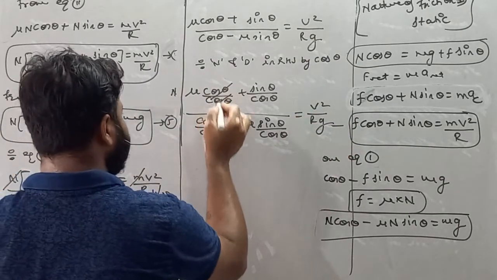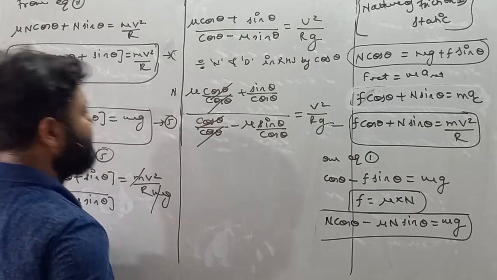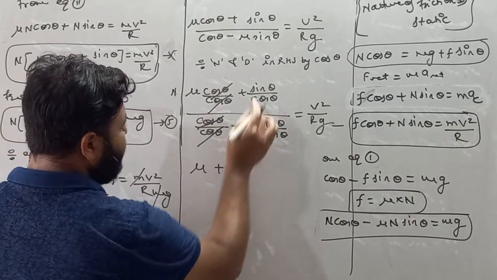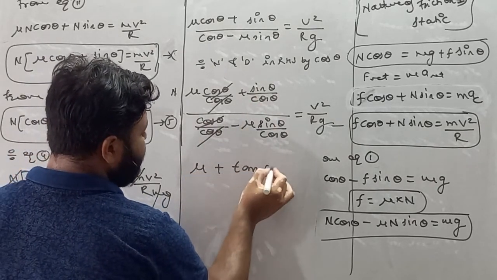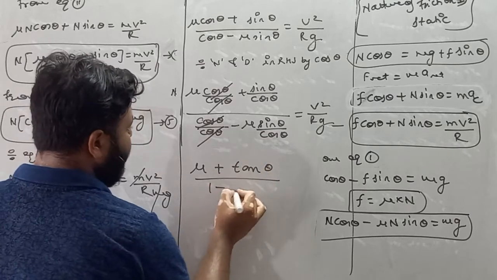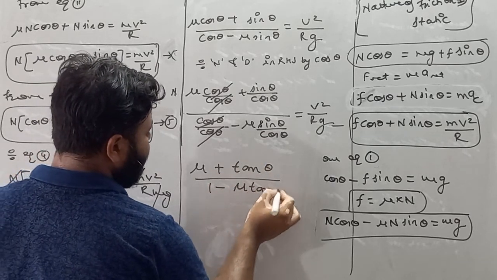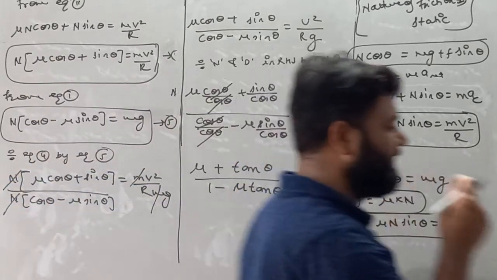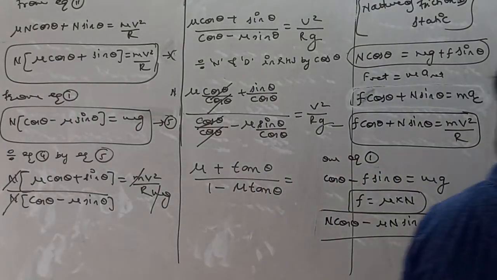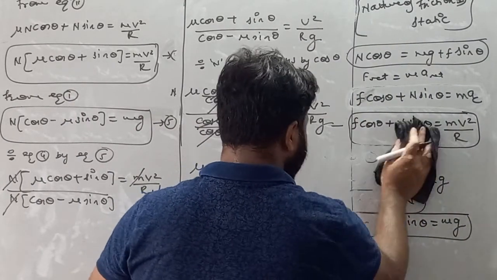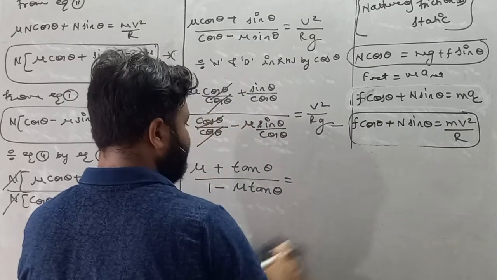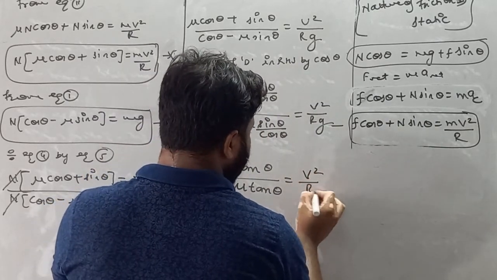So cos theta gets cancelled, mu plus sin by cos, it is tan theta, divided by 1 minus mu sin by cos, again it is tan theta, equals v square by rg.